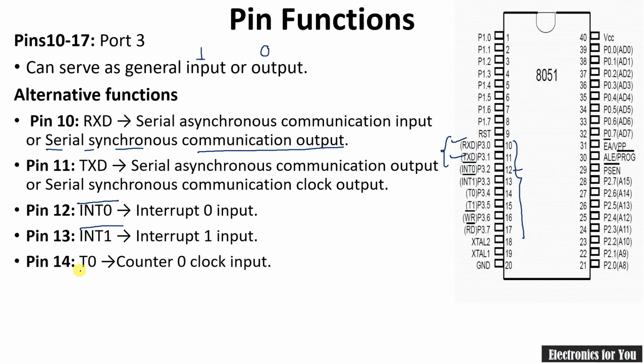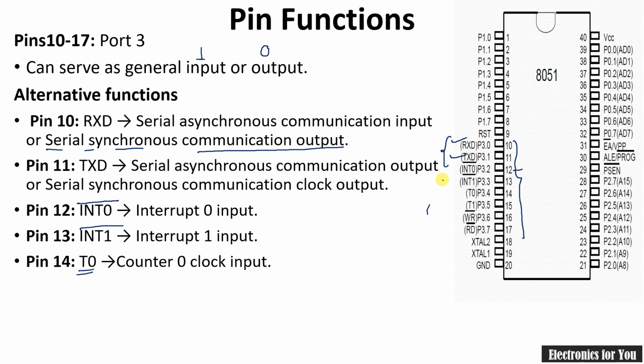Now next is T0. T0 stands for timer 0. Actually it is the external pulse to the timer. The 8051 has two timers, and the same timer can work as a counter also when we apply an external pulse to it.